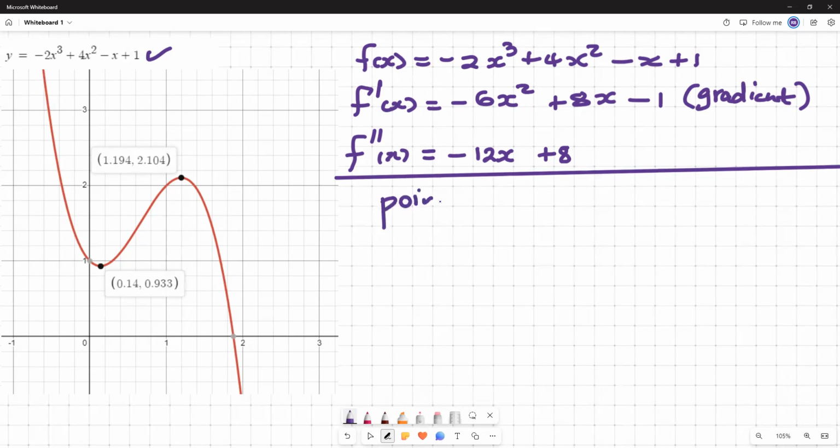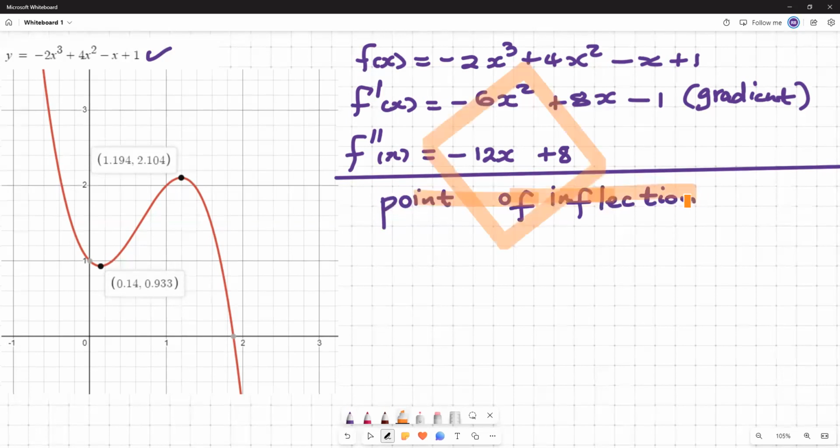So the first most important thing we need is the point of inflection. I'm going to quickly show you how to calculate this point of inflection. What you do is you take your second derivative.